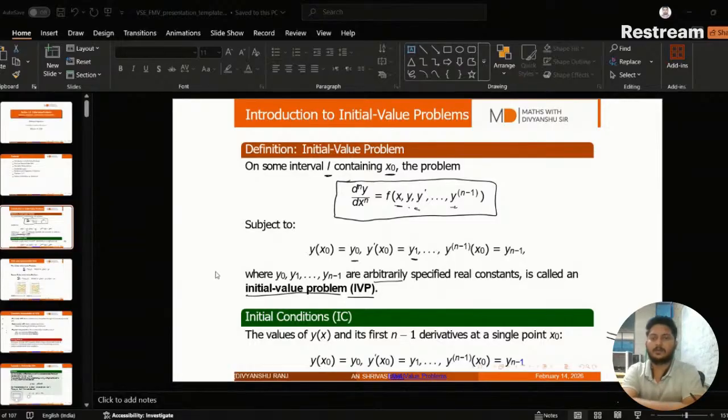So for initial value problem, for some interval I containing x0, it's better to write, because when I created my slides, the whole content was pasted here and there. So I am going to write this and then I will explain to you. So hopefully you understand this?